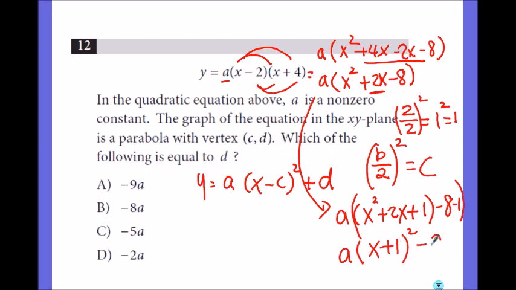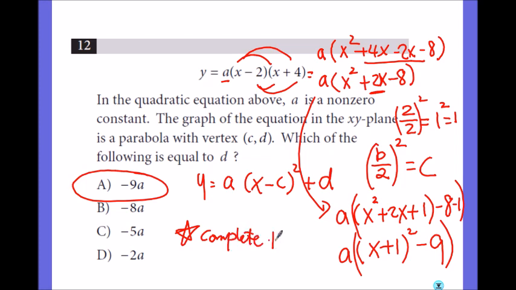And you get minus 9 outside. So your d is negative 9 times a, so it is negative 9a. So here you have to know how to complete the square. You can find the video on completing the square from Wonder Math.